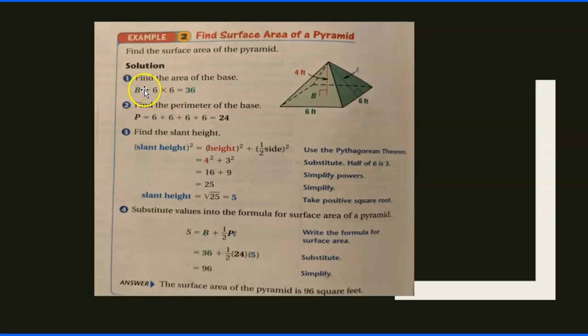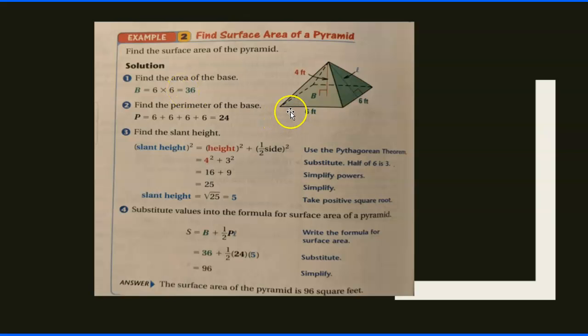So it wants us to first find the area of the base. So here's the base, 6, 6. To find the area, we're just going to multiply those together. So we come up with 36. There is that answer. This example is on page 492 if you would rather follow along there.